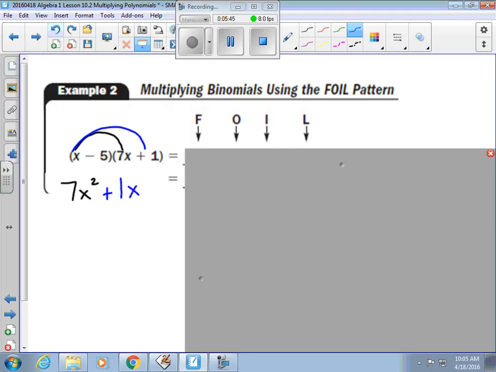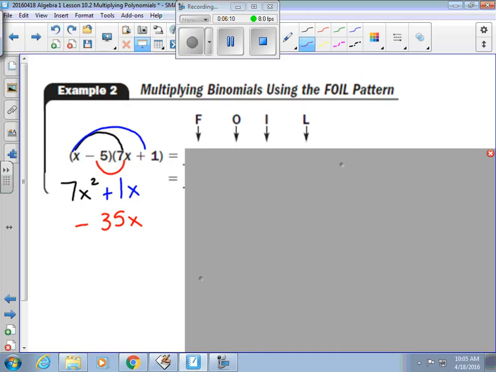Positive 1x. I in FOIL stands for the inner terms. Again, think of it in terms of a dartboard. The inner two terms are the ones you multiply. So when you multiply negative 5, don't forget the sign, times 7x, we get negative 35x. And L stands for the last two terms.